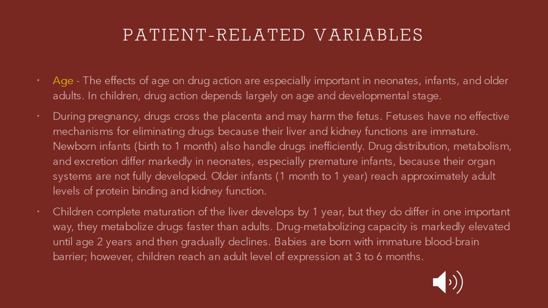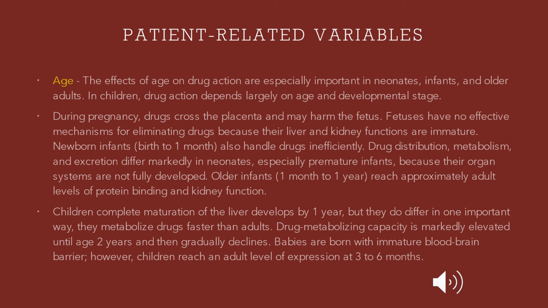Older infants reach approximately adult levels of protein binding and kidney function. Although pharmacologically similar to adults, children complete maturation of their liver by 1 year. But they do differ in one important way. They metabolize drugs faster than adults.